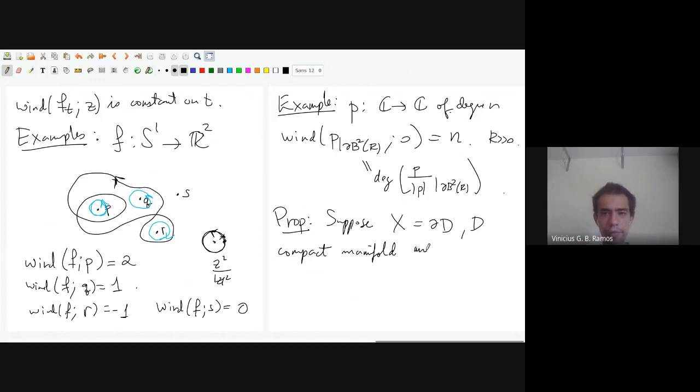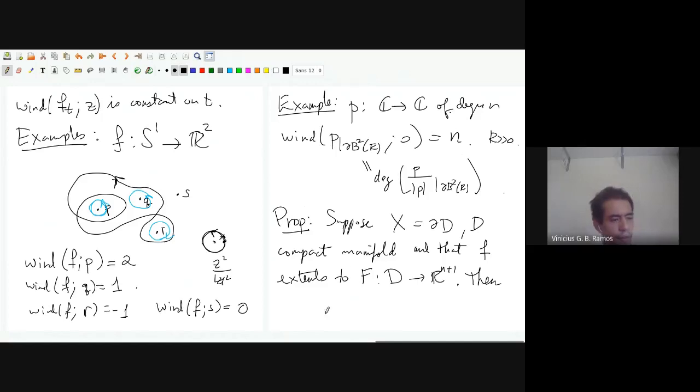And suppose that your function f extends to a function capital F from D to R^(n+1).